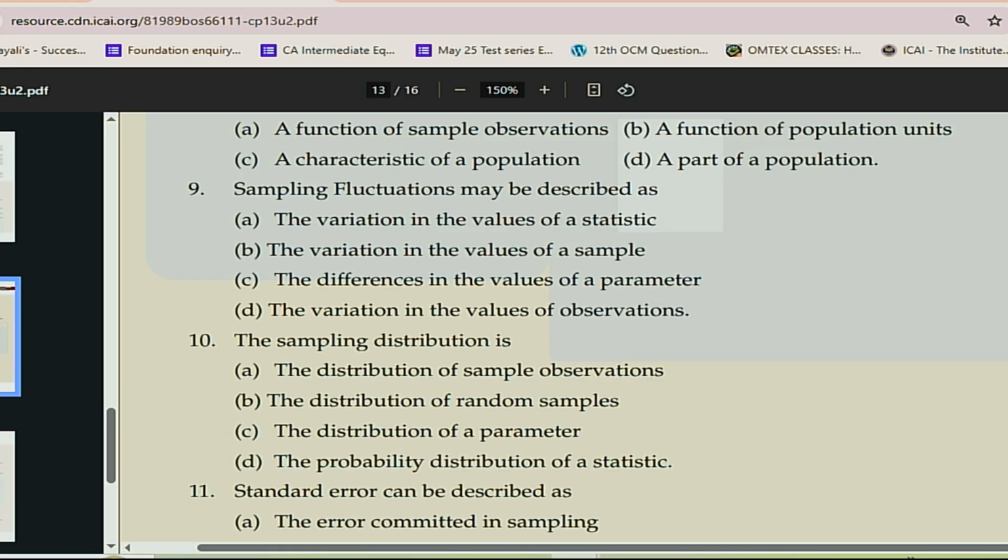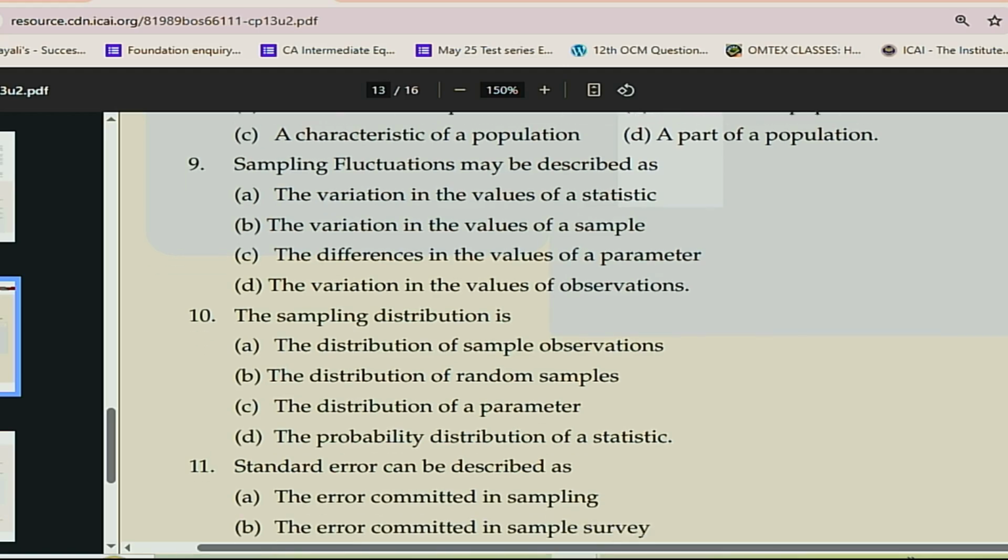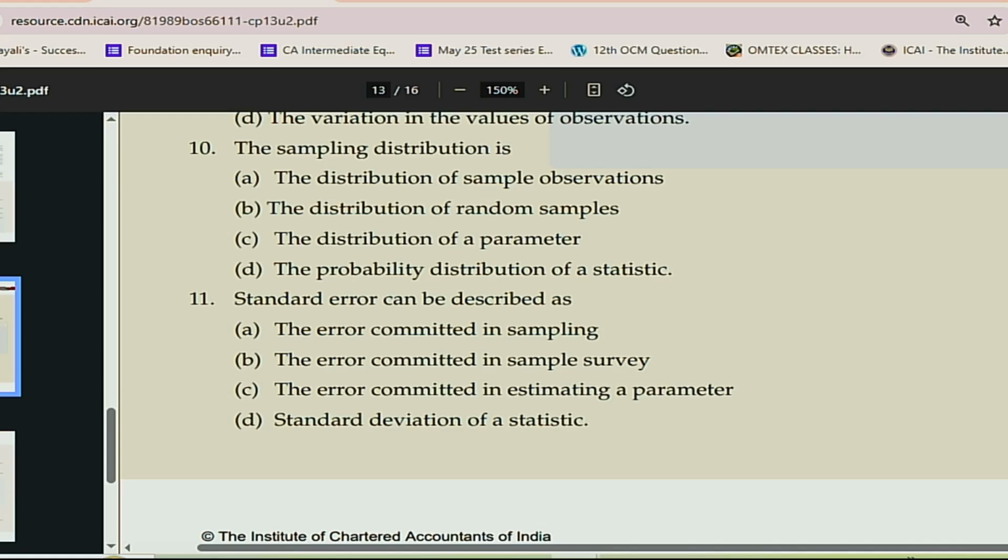Next, sampling distribution is the distribution of sample observation, distribution of random samples, distribution of a parameter or probabilistic distribution of a statistic. नहीं, मेरी probability distribution of a statistic.